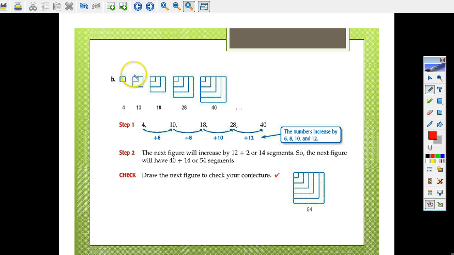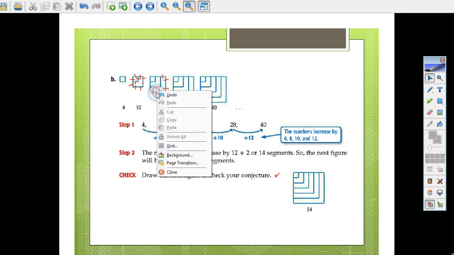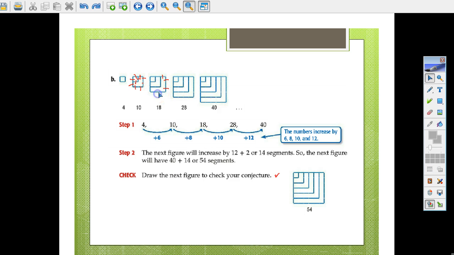Okay, let's do this again. 1, 2, 3, 4, 5, 6, 7, 8, 9, 10. Okay, we're looking at each stick here.